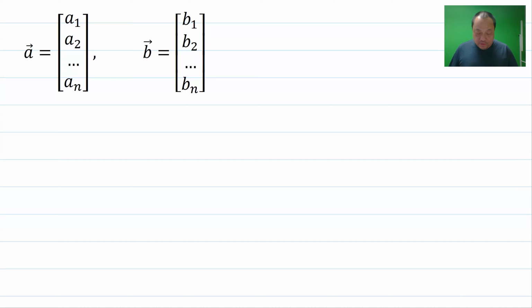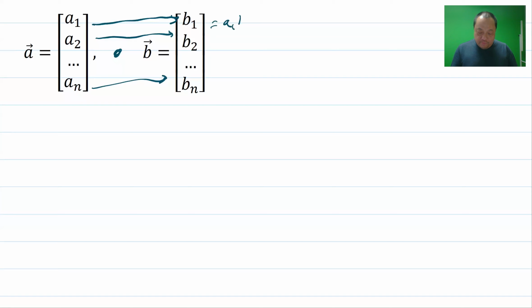Let's say that you have these two vectors A and B, and note how I put the vector symbol on top of the letter A and letter B to denote that they are vectors. When you dot product them together, the symbol is one big dot. What happens is you just multiply term by term. A1 is multiplied with B1, A2 is multiplied with B2, all the way down to Bn.